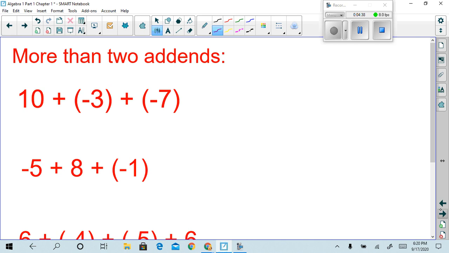If the signs are the same, I'm going to combine those first. So if I look at this first one, I'm probably going to add these first, so I'm going to keep that 10. I see like signs, which means I just add and keep the sign. And now notice I have a number and its opposite, which gives me 0.